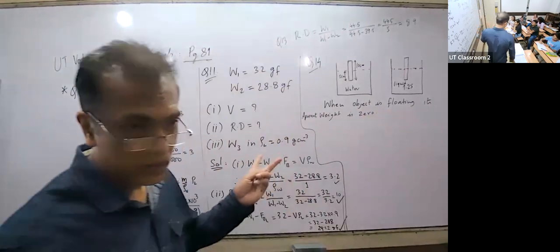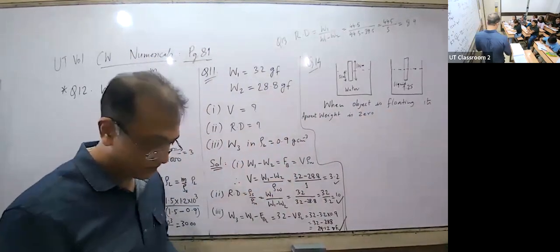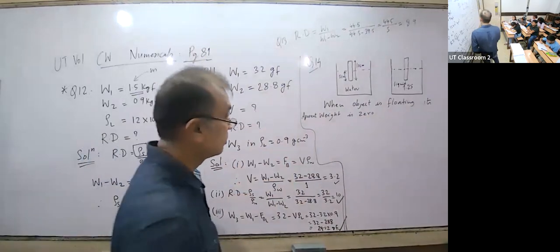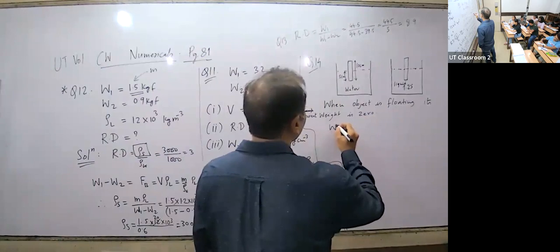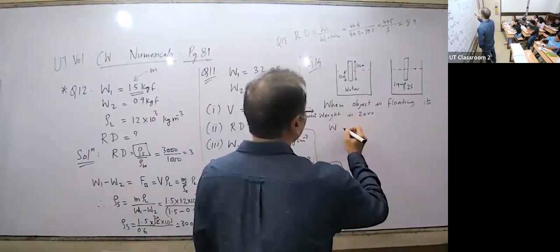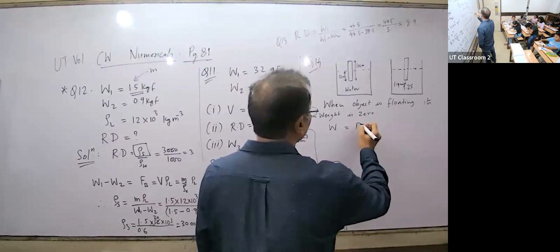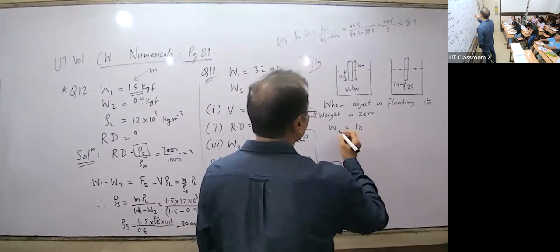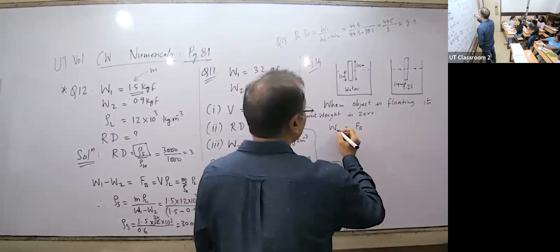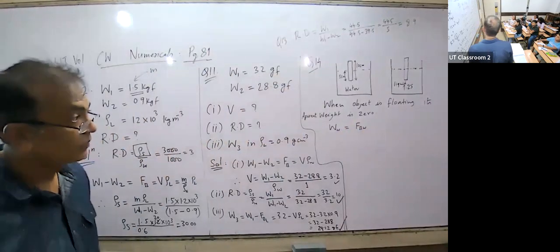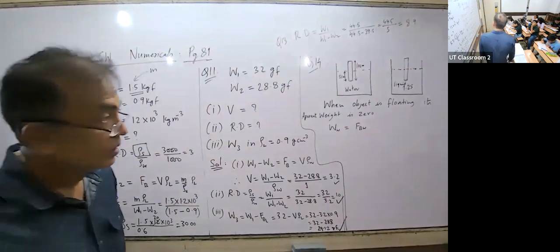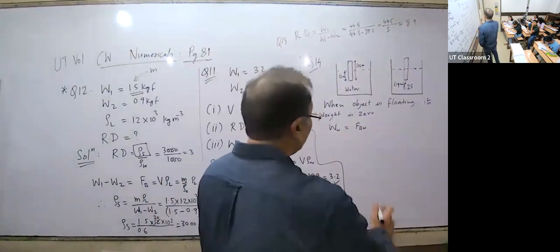So there are two cases, one in water and the other in liquid. So what is the apparent weight in case of water? So weight of the object in water is equal to upthrust in water. Now what is this upthrust equal to?